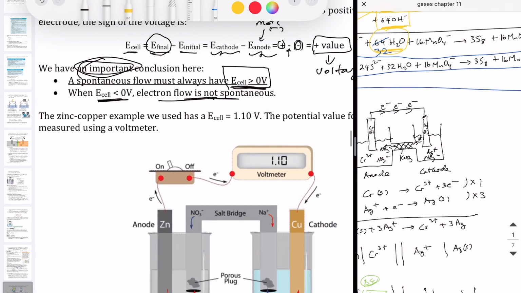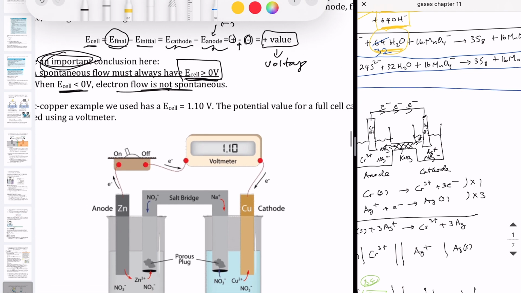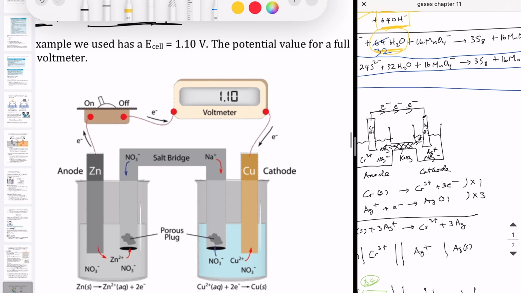Okay? All right. So let's talk about how this thing is measured. Like I said before, you're going to use something called a voltmeter, which is basically just measuring how much the electrons are flowing from one side to the other, how much energy per coulomb those electrons are going to generate. So if we use our copper to zinc pairing here, again, the electrons flow out from the zinc side towards the copper.